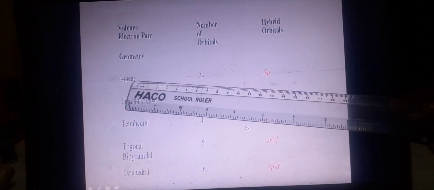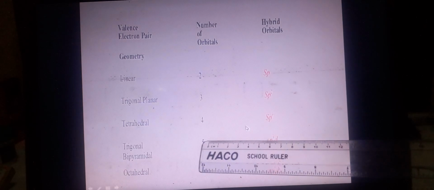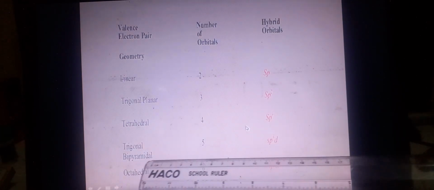Linear, like in beryllium difluoride, beryllium with 2 fluorine atoms. Then beryllium with 3 fluorine atoms, trigonal planar. Then this one is like in methane. Methane forms 4 bonds, so the central carbon undergoes sp3 hybridization. Then in phosphorus pentafluoride, it has 5 fluorine atoms, so it's called trigonal bipyramidal, and it undergoes sp3d hybridization.